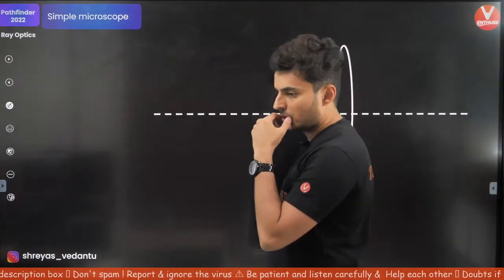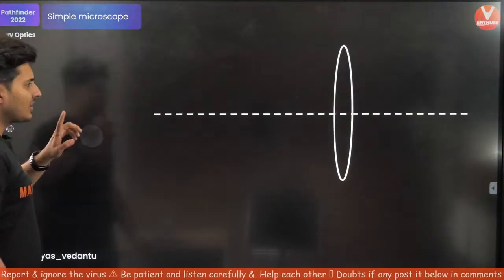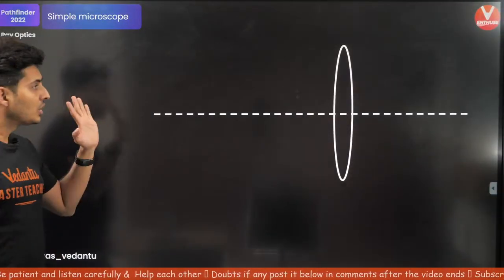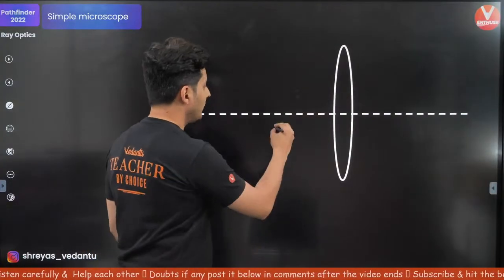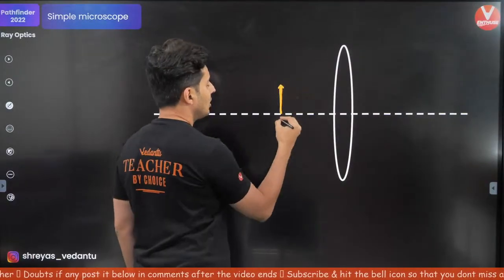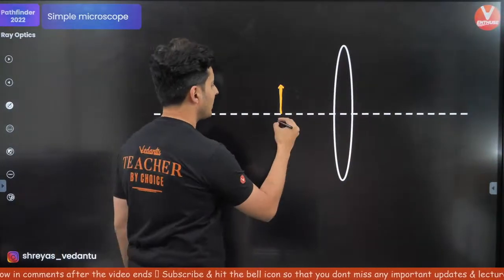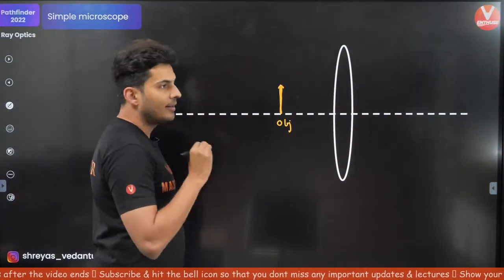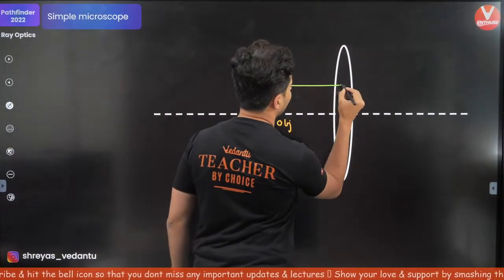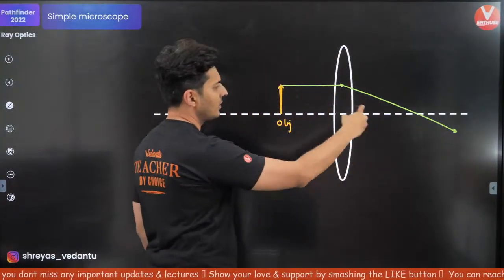Let's talk about the simple microscope. Observe this carefully. We know that for a simple microscope, we should place the object very close to the lens, in fact before the focus. So this is our object, and the rays from the object are going to travel somewhat like this and go through the focus.